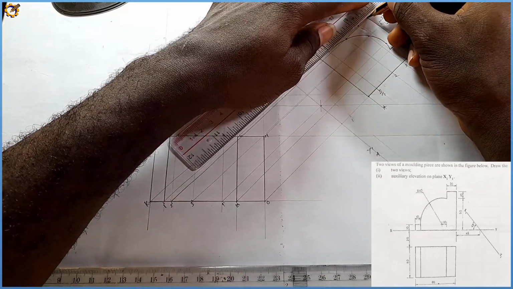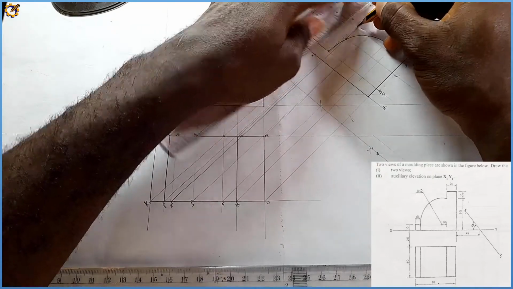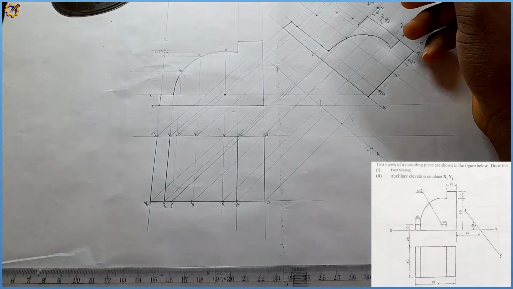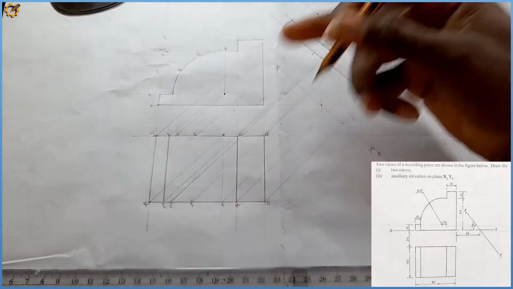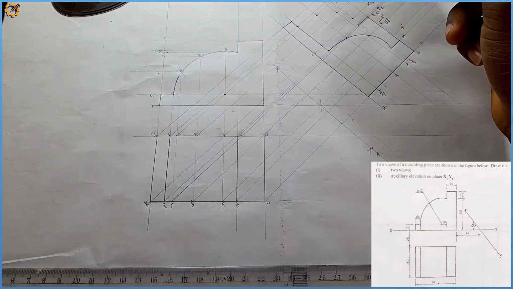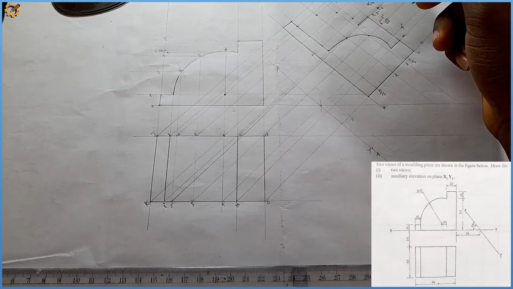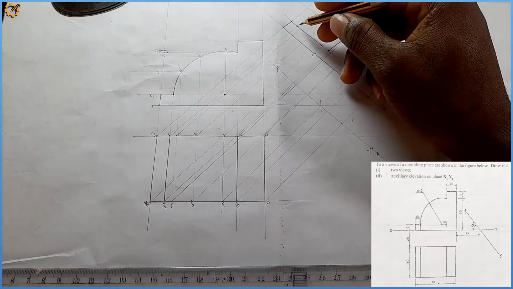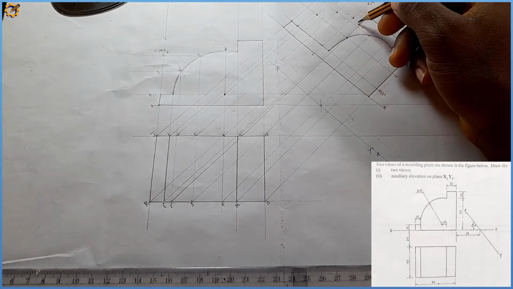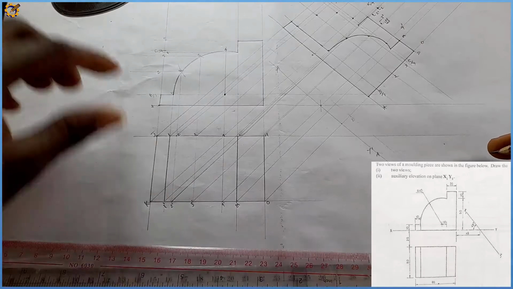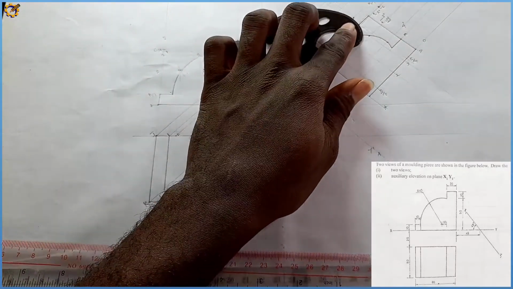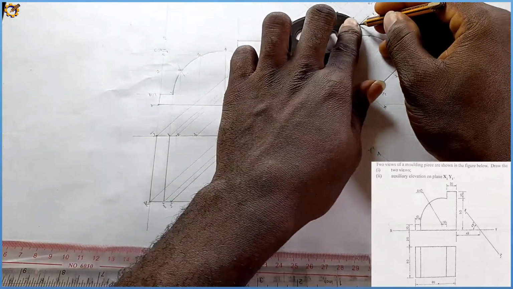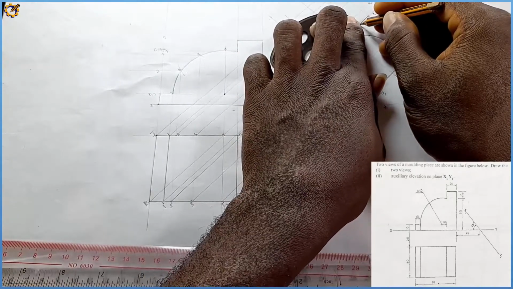That is for U to U. And as we can see, this comes like this. This area is also visible, so with my French curve, I'm going to join that area also like this.